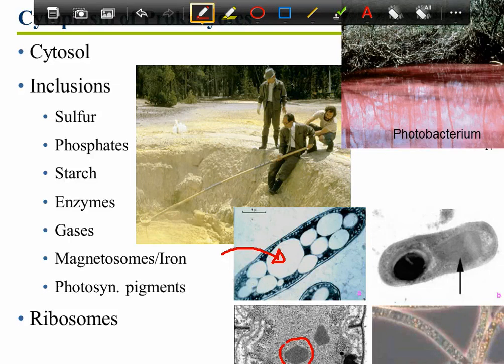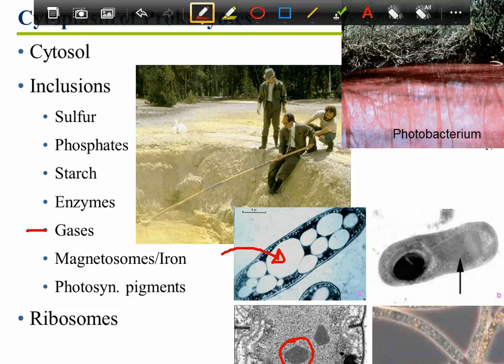These are called carboxysomes, and they contain enzymes that can be used by some bacteria to fix carbon dioxide. Some bacteria contain gas containers that allow the bacteria to move up and down in a water column, allowing them to float higher, particularly to get to light, to sunlight for photosynthesis when they're in water.